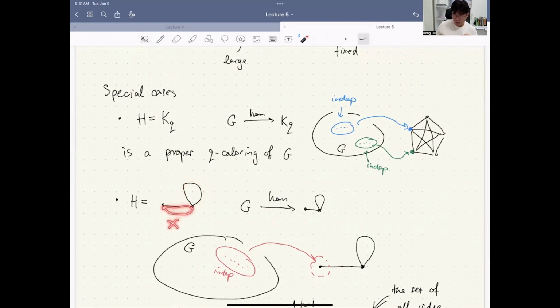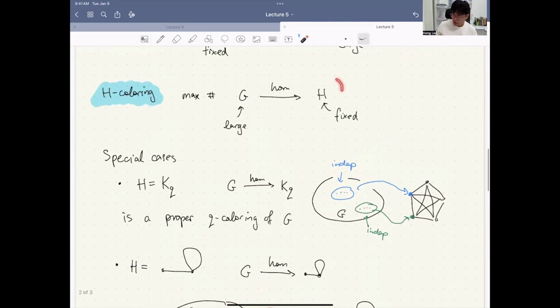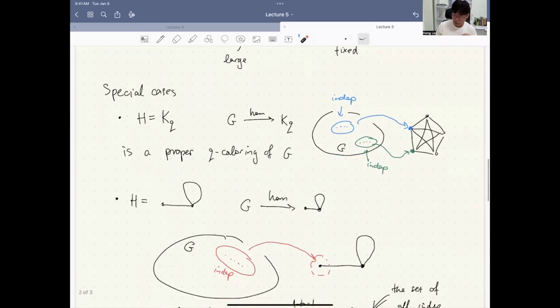This is not okay. For any such choice of H, among all regular graphs with given degree, the complete bipartite graph KDD maximizes the number of homomorphisms, the H colorings.